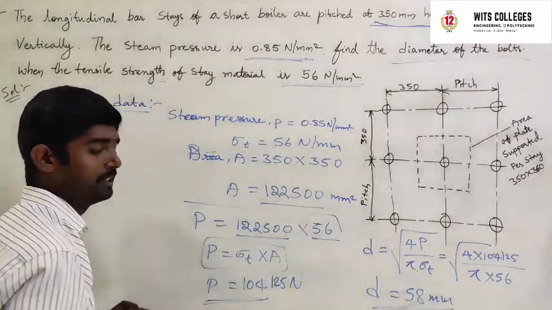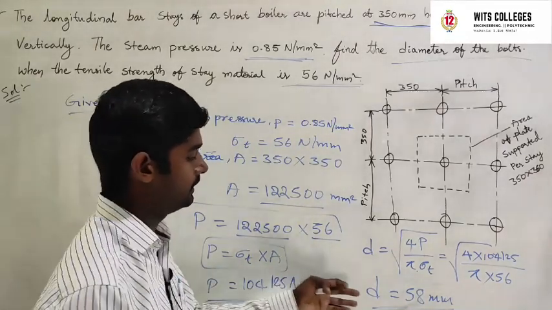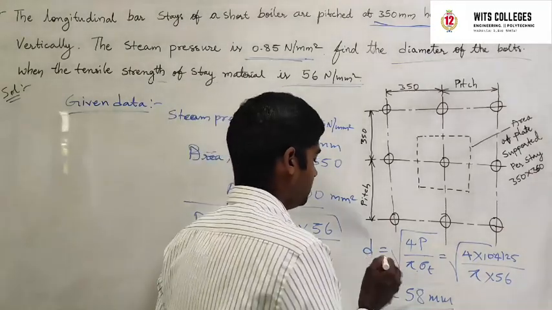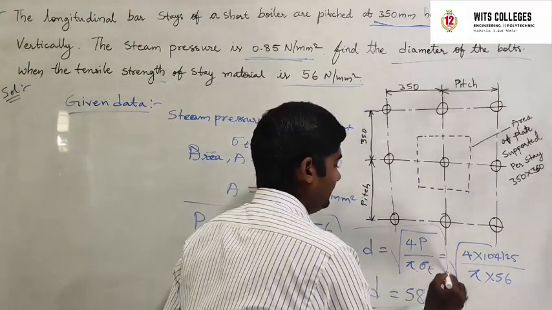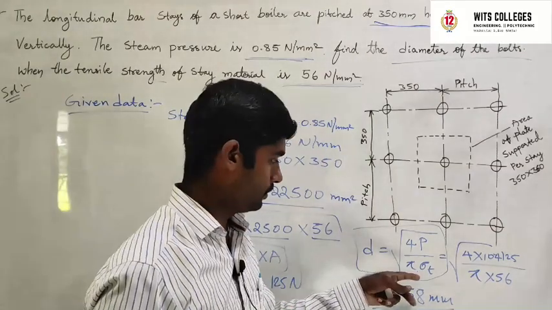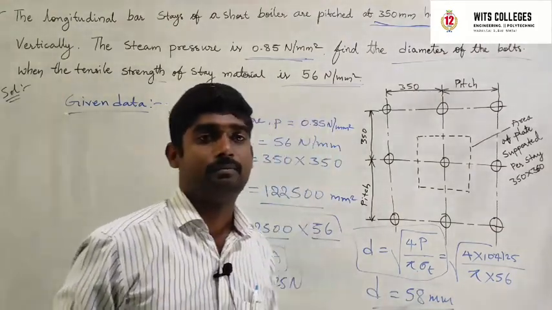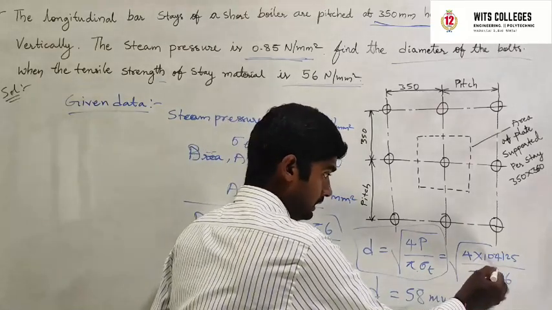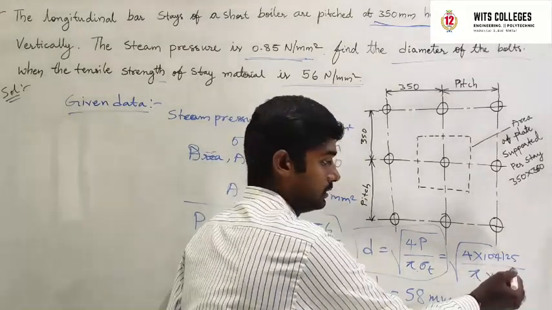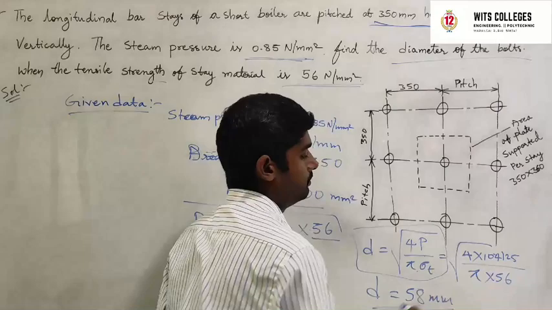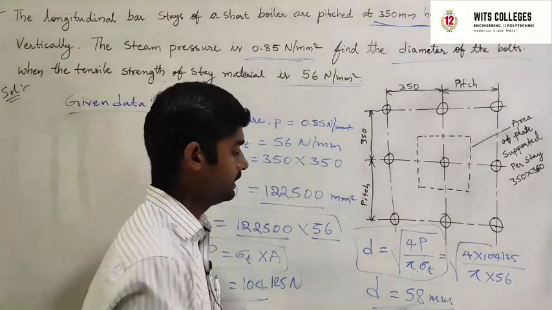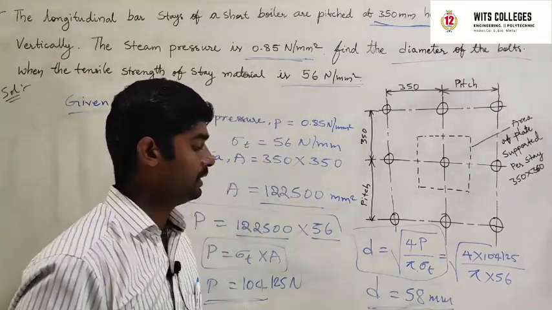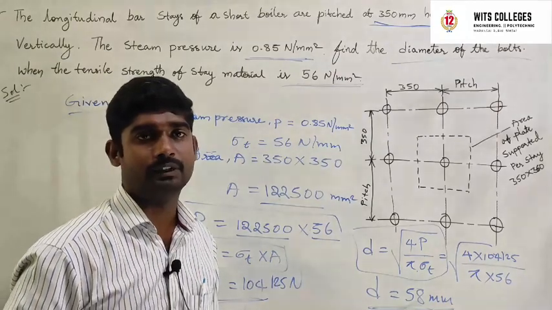Let's find this approximately, and after that we substitute in the equation 4P by pi into sigma t: under root 4 into 104,125 by pi into 56. Okay, this d value is approximately 58 mm.